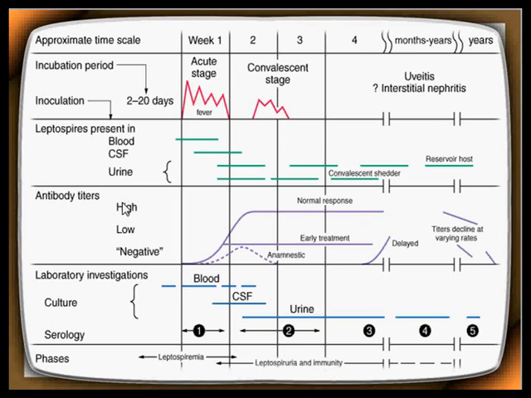Antibody titers: high, low, negative. The normal response is that in the first week there are no antibodies; antibodies start appearing at the end of the first week or the beginning of the second week, and they plateau, and after a few years they come down.